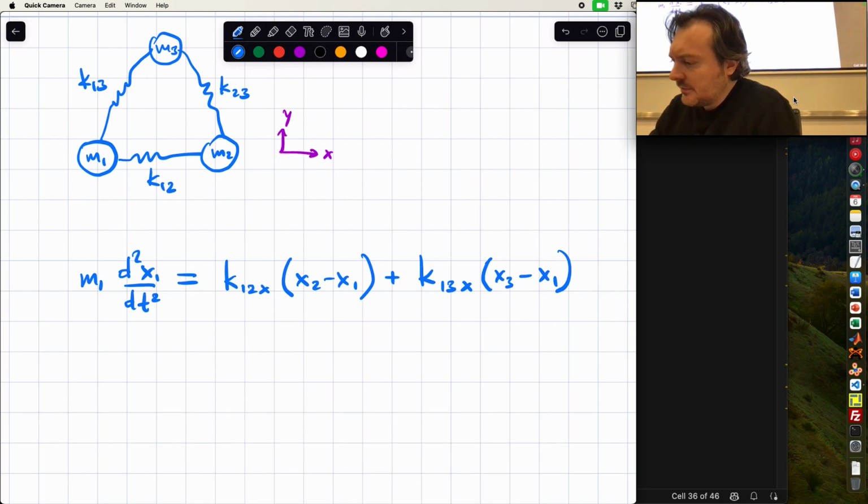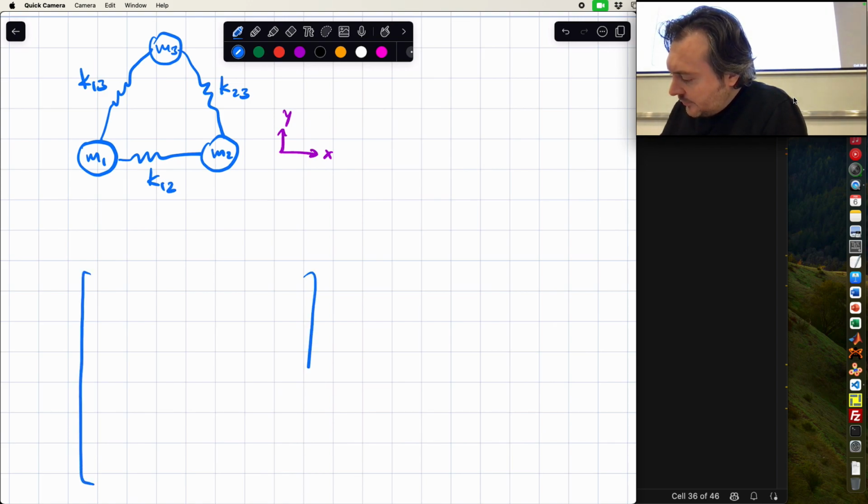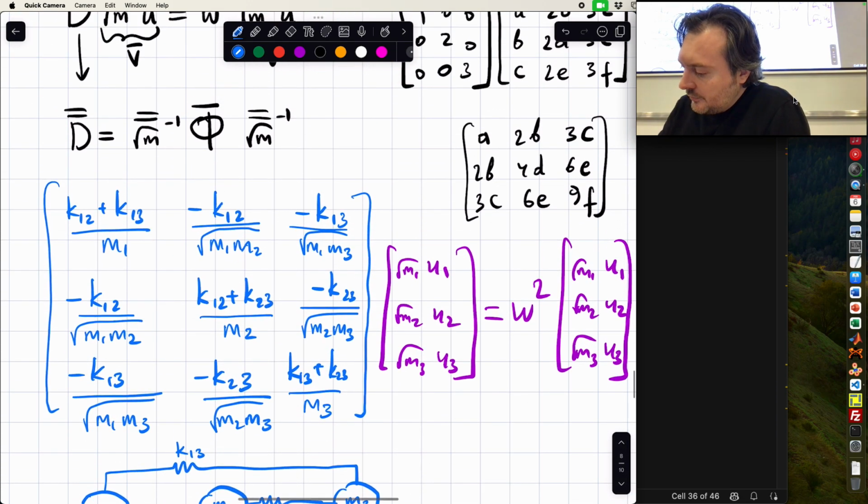Let me actually get to the dynamical matrix, what you would see in the dynamical matrix eventually. Before you had just 1, 2, 3, right? You had first object, second object, third object.